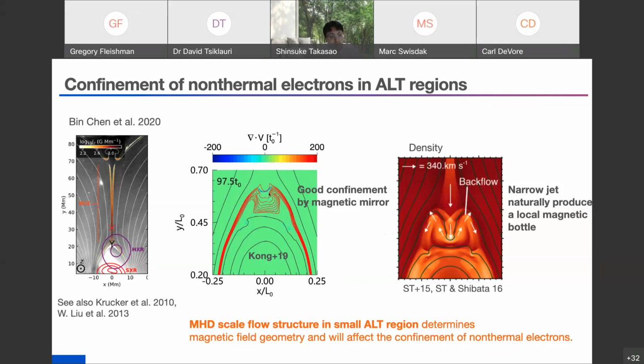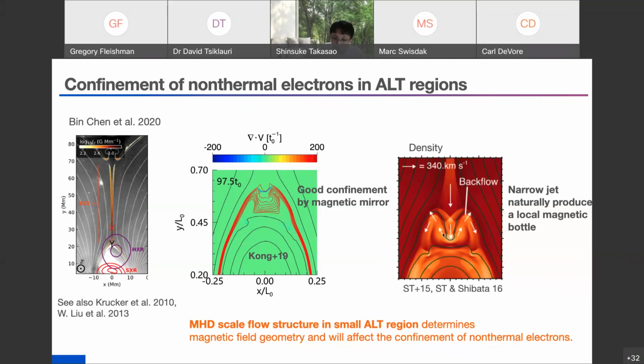And this structure is naturally produced by a narrow reconnection jet. The narrow jet penetrates into the reconnected field and pins down a part of the field to form a concave structure.